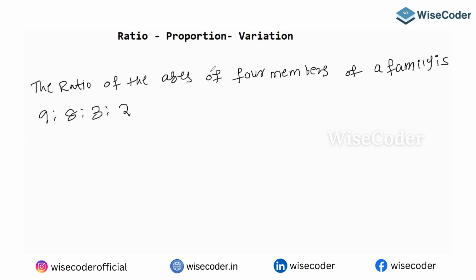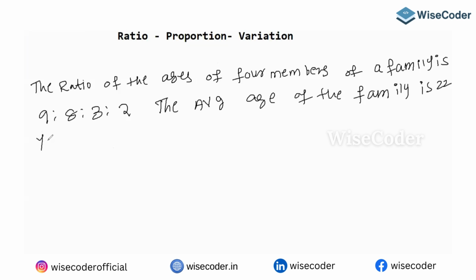The average age of the family is 22 years.